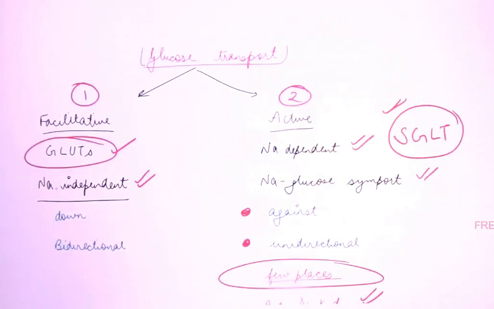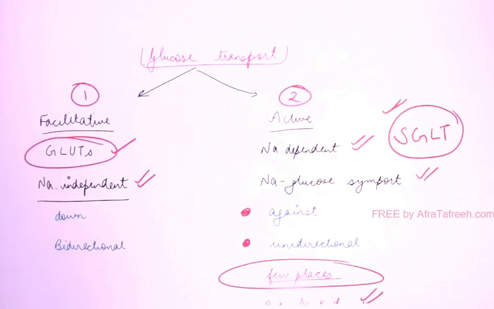Why in intestine? Because in intestine, we do not throw any glucose normally in our stools. We have to absorb all of it even against the concentration gradient. That's why active transport is present in intestine. And in kidneys, we do not throw any glucose normally in urine. So we have to reabsorb all of it even against the concentration gradient. That's why active transport has to be present in kidneys.